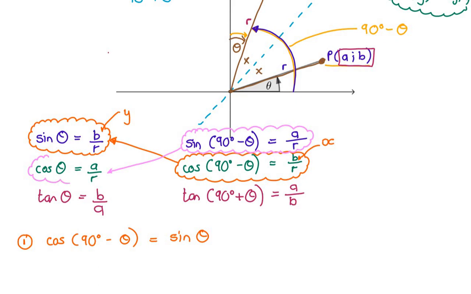So again, my name swaps. So I'll notice that sine of 90 degrees minus theta actually reduces to cos theta, not to sine theta, simply because what was my y value, which was a for 90 minus theta, is actually the same as my x value for theta, because my coordinates swapped when I did this reflection.